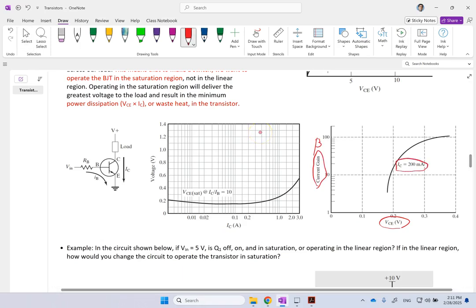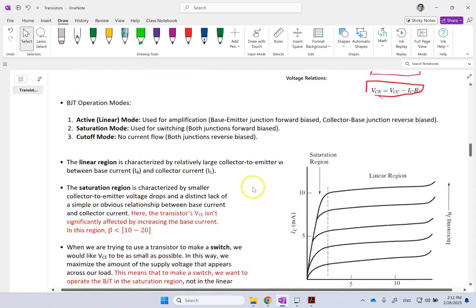So for a specific current in the collector or emitter or base, this is how beta changes versus VCE. It's really a function of VCE, okay?